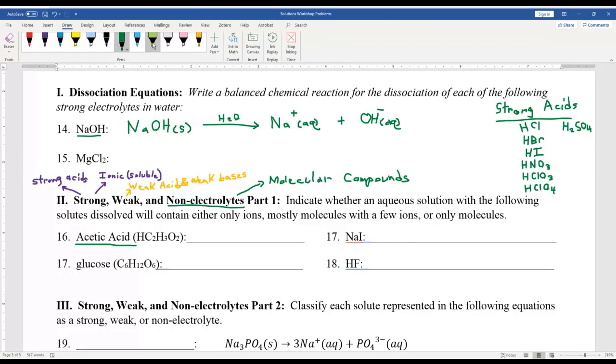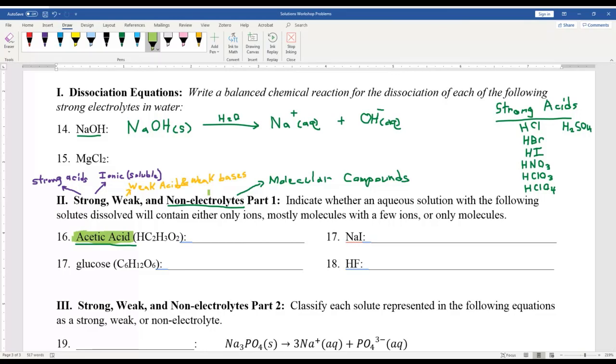So if I'm looking at the acetic acid down here, acetic acid is vinegar, by the way. And you can see that this is clearly not a strong acid. It's not one of the 7. It's actually pretty weak, which is why you can drink it and it won't kill you. Not that you want to drink vinegar.